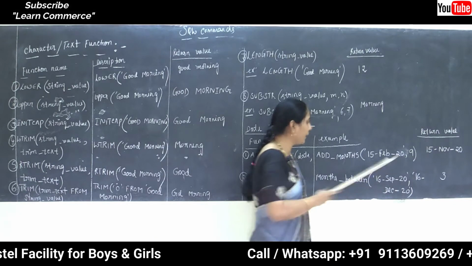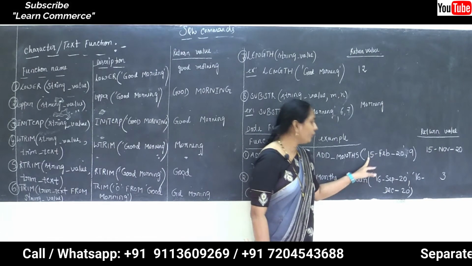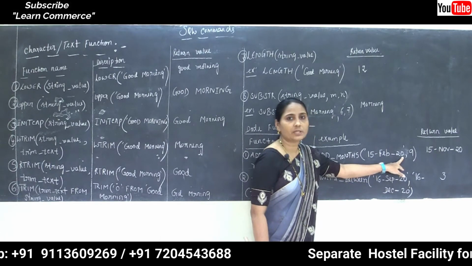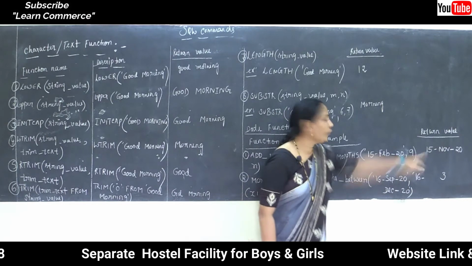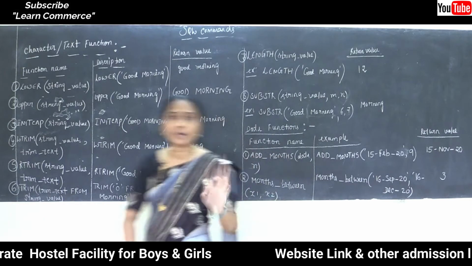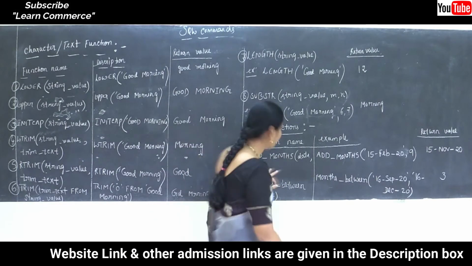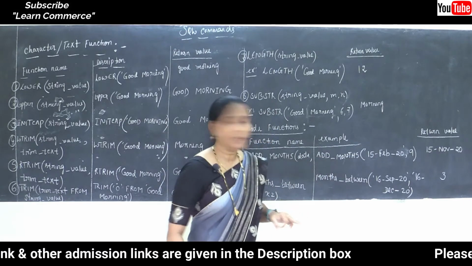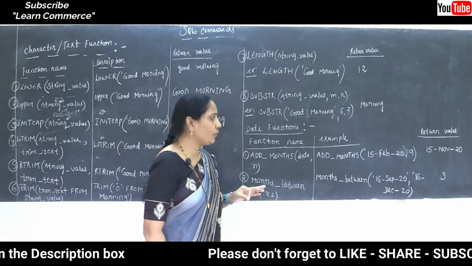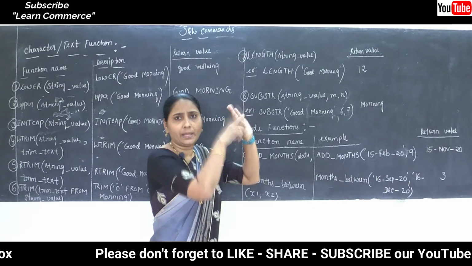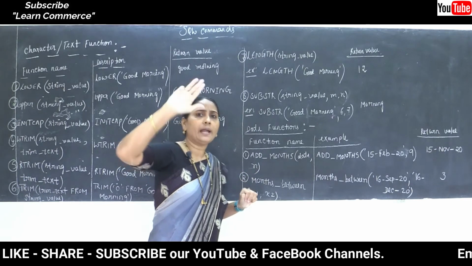What's the date? The date is 15 February 2020. You need to add n months to the date x, and here n is 9. So February means you need to add 9 to February: March, April, May, June, July, August, September, October and November.